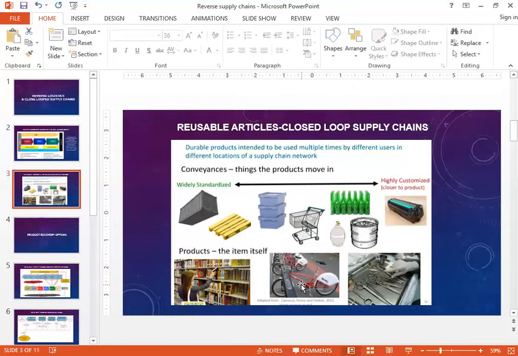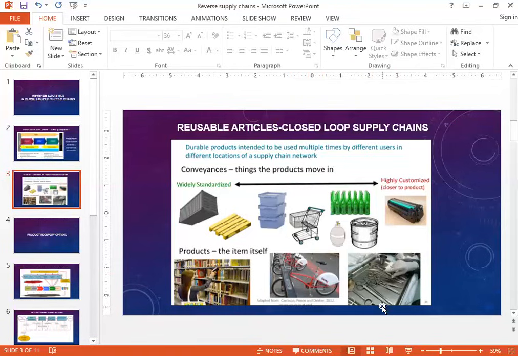If you don't put it back in the station, you will get a big fine. So you definitely want to put it back in the station. And that's an example, again, of a closed loop supply chain. Somebody's using the cycle, but they are taking it back to the source. And so therefore it's closed loop.